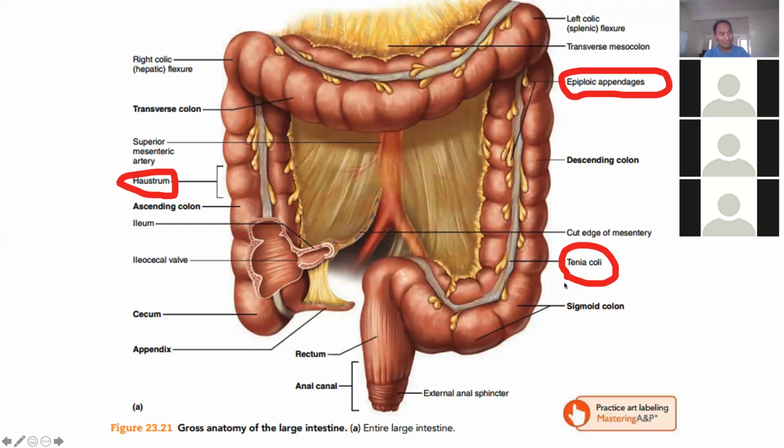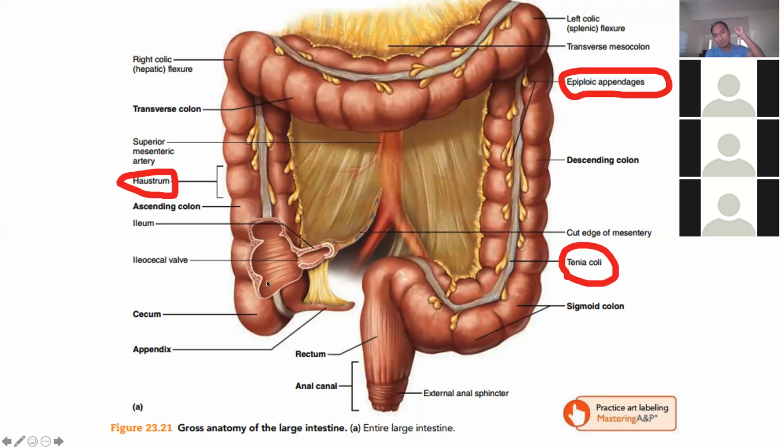And don't forget this taenia coli, which is the thickening of the longitudinal fiber of the muscle layer. Just because this muscle is running like that, it tethers the colon to make it shorter and shorter, and then we now have the haustration, which is called haustrum.